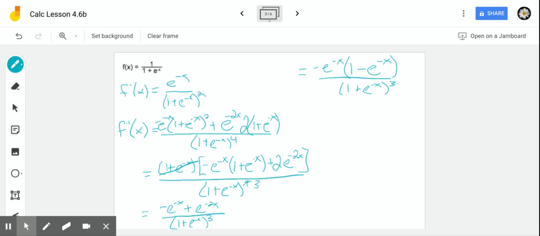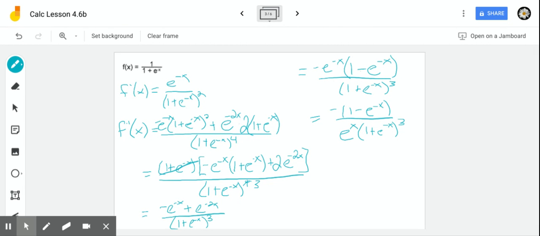I'm getting kind of tired of e's by now. I may go one more step and drop that down into the denominator. So negative 1 minus e to the negative x over e to the x, 1 plus e to the negative x cubed. Okay, there's our second derivative.